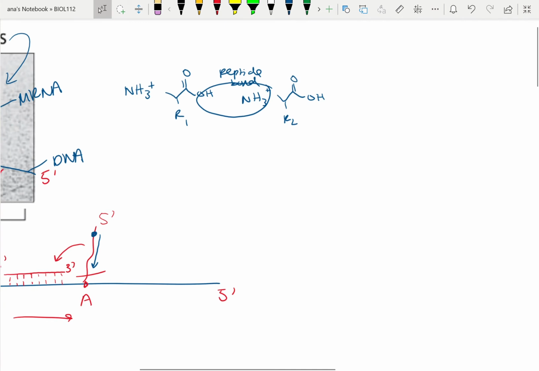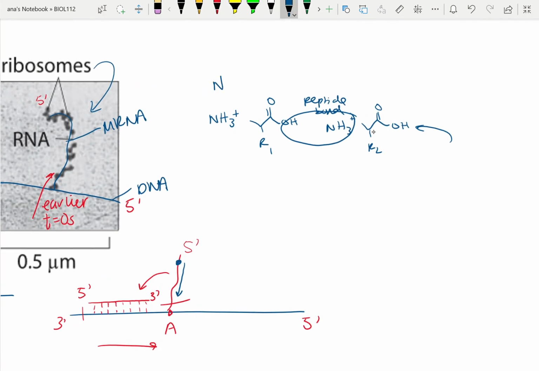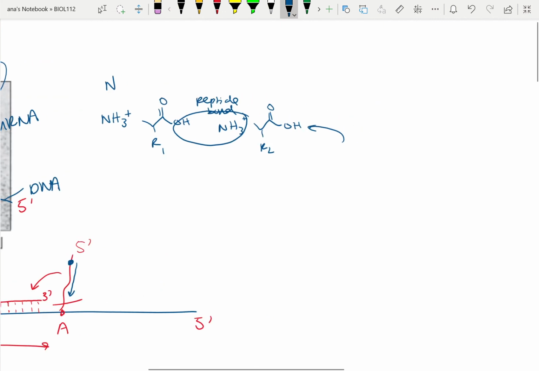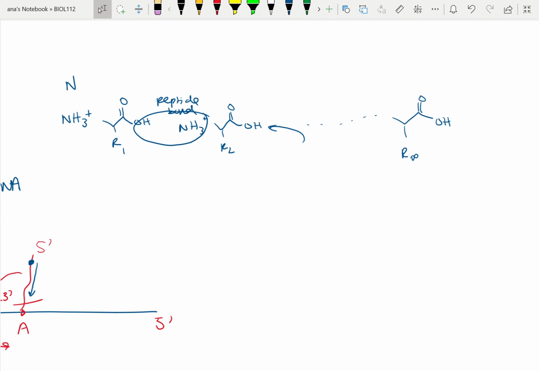So I'm always adding to this end, and so this is my N terminus, and eventually I'll add more and more. The final amino acid that's added, I'm just going to call it R infinity, but it's not actually an infinite amount. This would be our COOH, and so this is our C terminus.